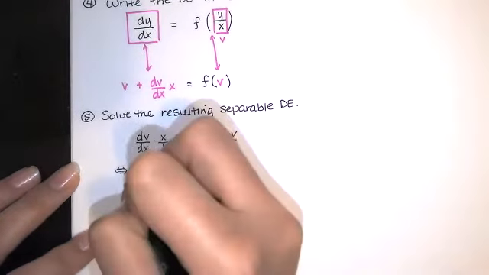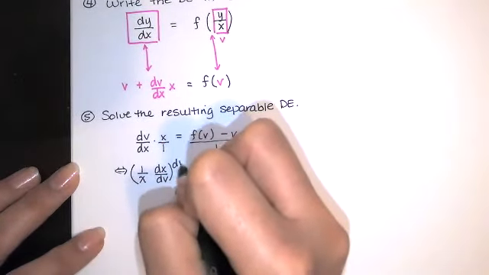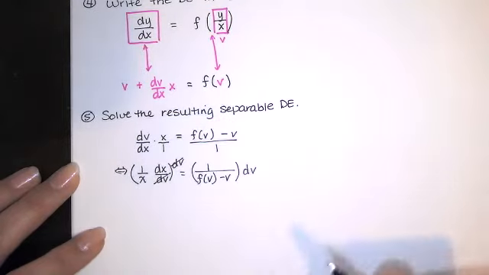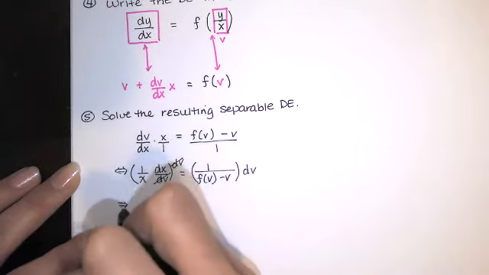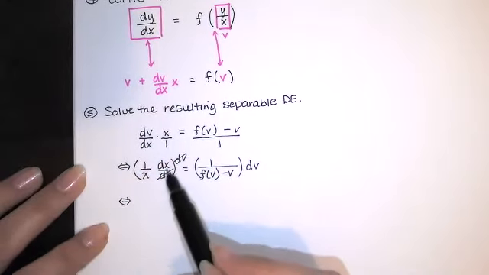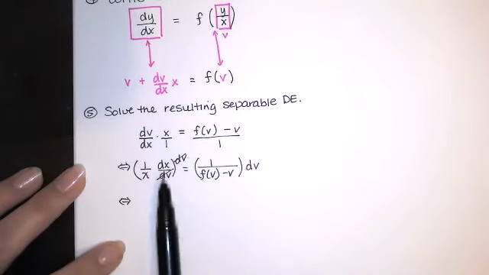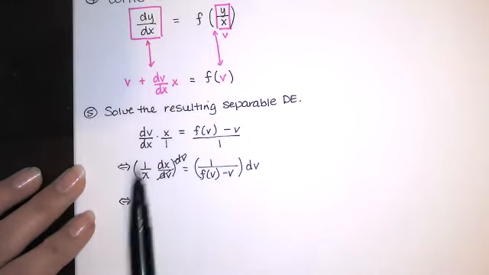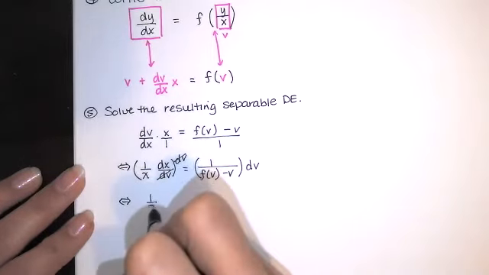And then we want to multiply both sides by dv, because I want all of my v's on one side and all of my x's on the other. Now again, I'm kind of treating that like a fraction. It's not a fraction, but dx dv times dv by definition is the differential of x.